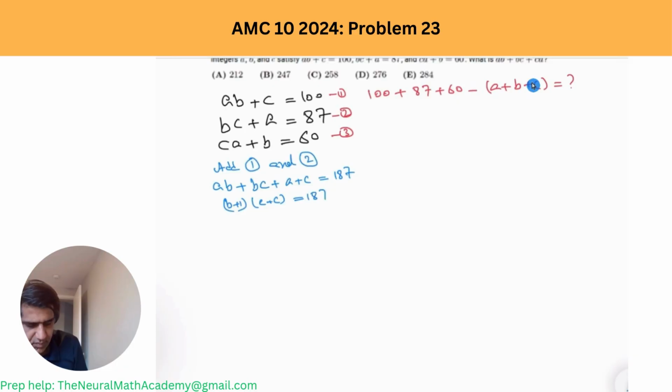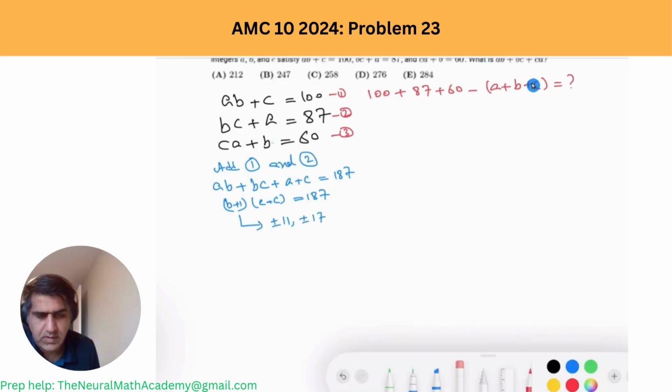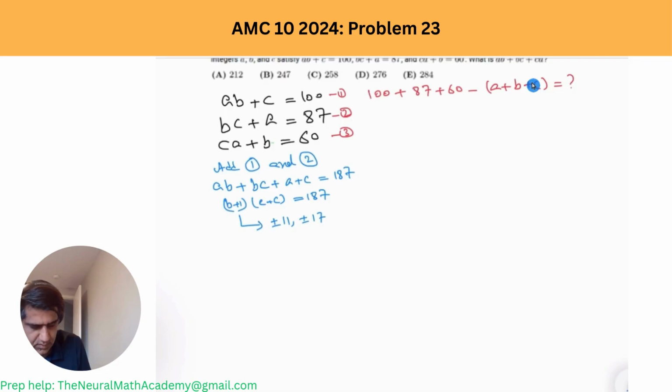From here, as we know already that A, B, and C are integers, the possible values for B plus 1 are plus minus 11 and plus minus 17, right? B that I get are minus 12, 10, minus 18, and 16, right?